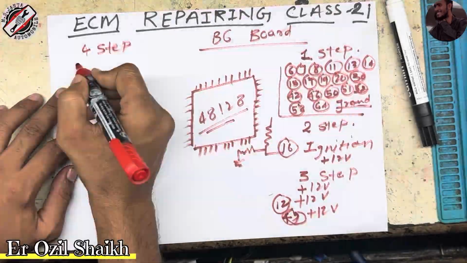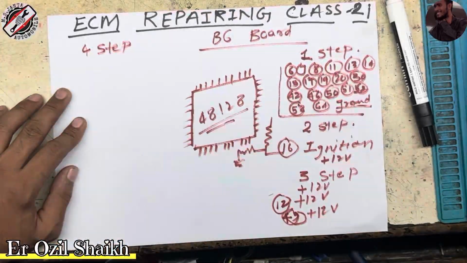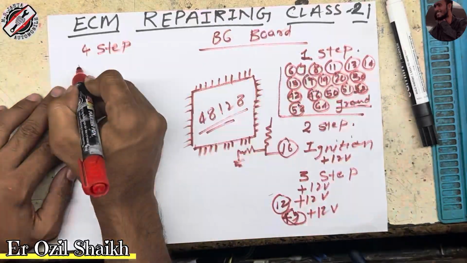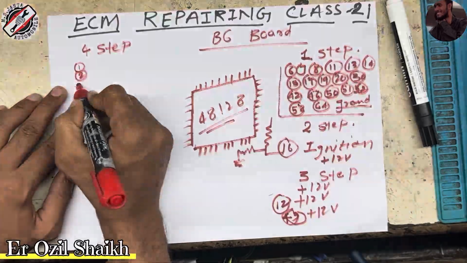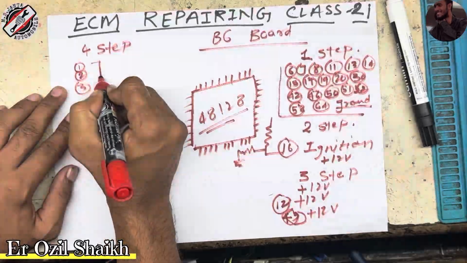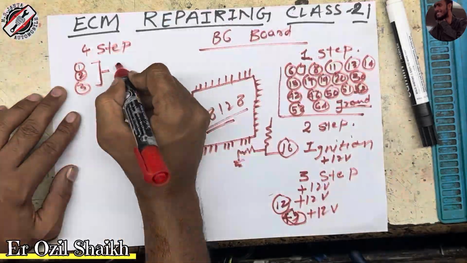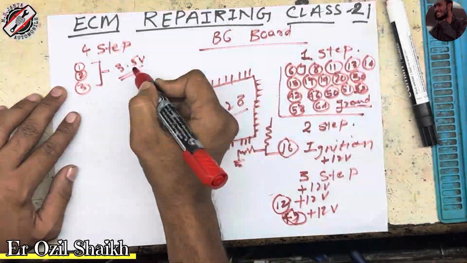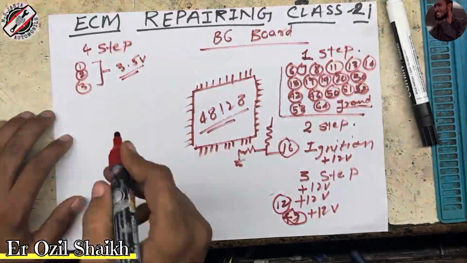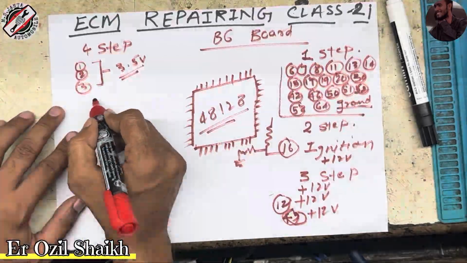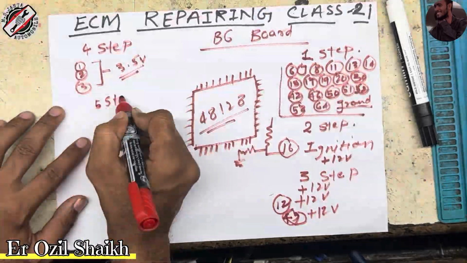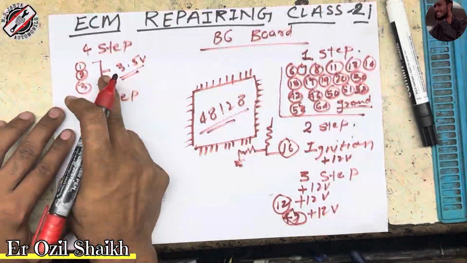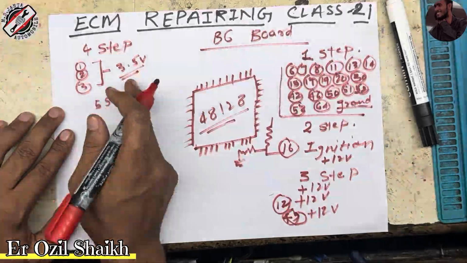Step number 4. What is step number 4? This IC pin numbers 1, 2 and 3 should be 3.5 volt. If this voltage is missing, then your fifth step will not work. What is the fifth step? You have to check pin number 60.